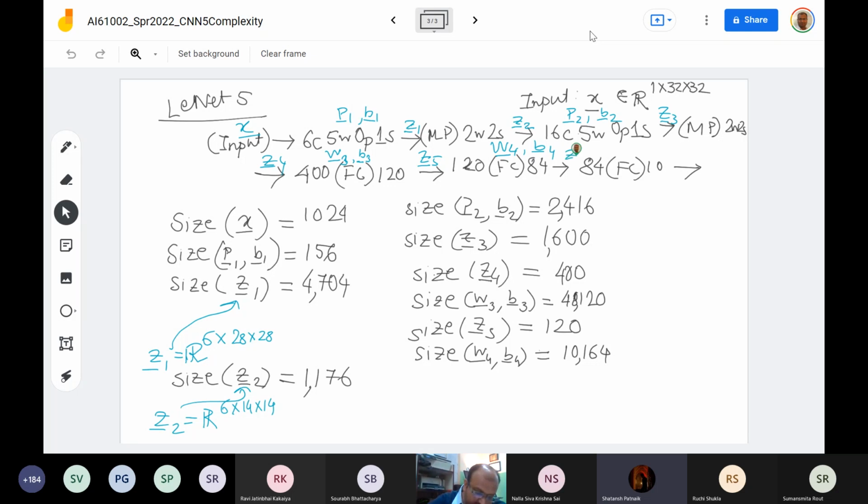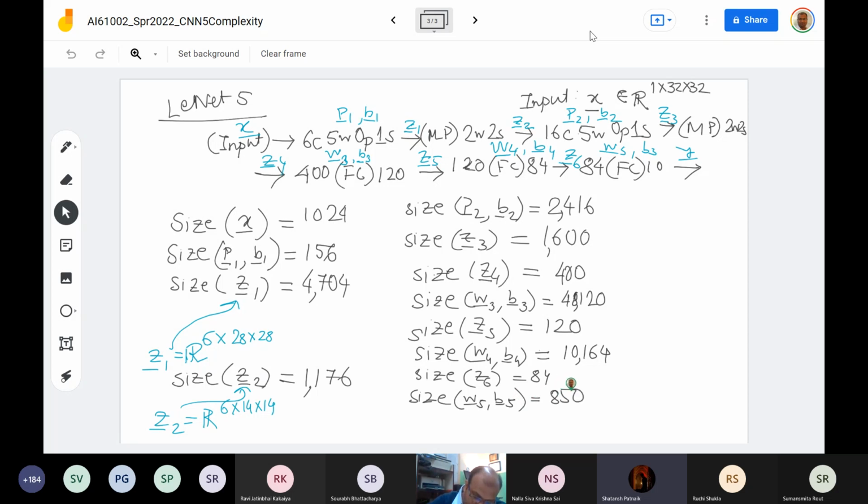From here I have Z6, and this one is W5B5, and from here I have Y. So now let's do it. Size of Z6 is 84. Size of W5B5 is equal to 840 plus 10, 850.